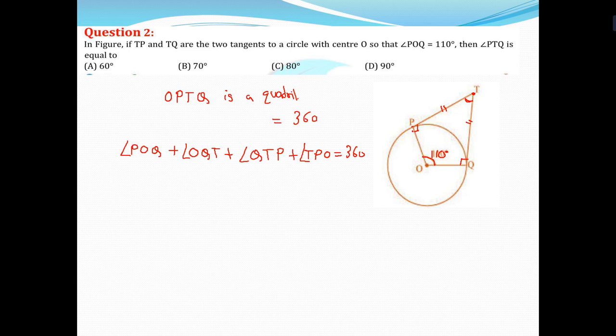But two angles are 90 degree because of the tangent, that is angle P and angle Q, so it is 90. So now POQ, that is 110, plus 90 degree plus QTP, that we have to find out, plus 90 is equal to 360. So if you total it, 90 plus 90 is 180, plus 110.